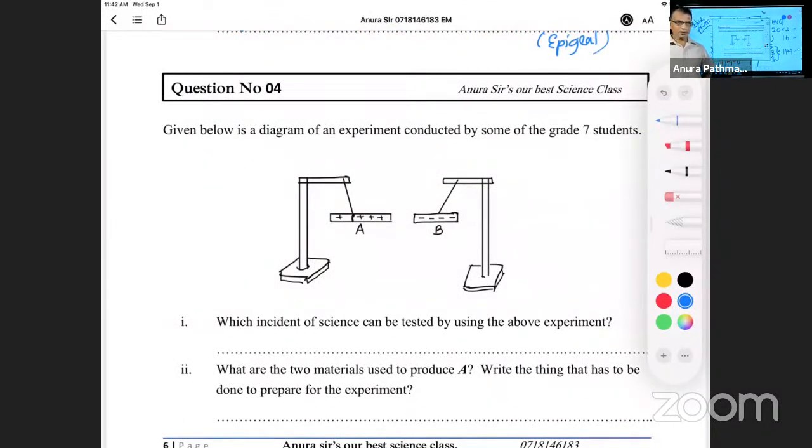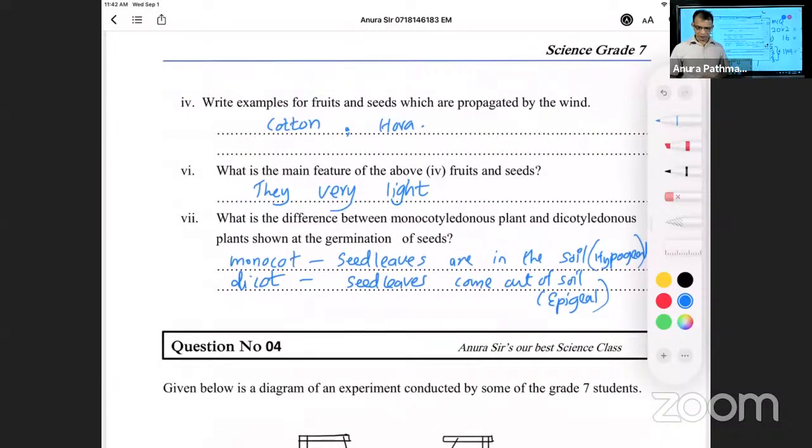They have been with me from grade 6. Sir, please scroll up a little bit. Okay.